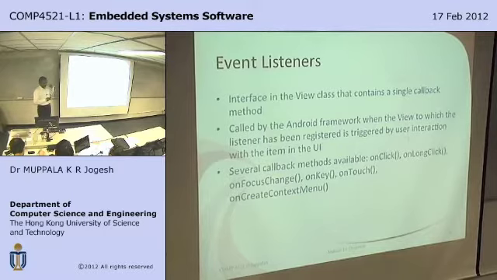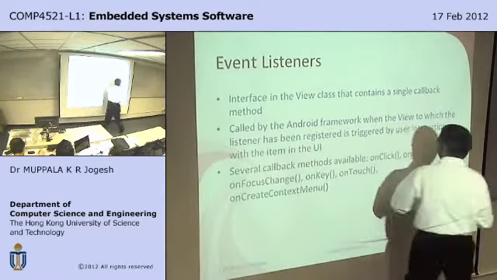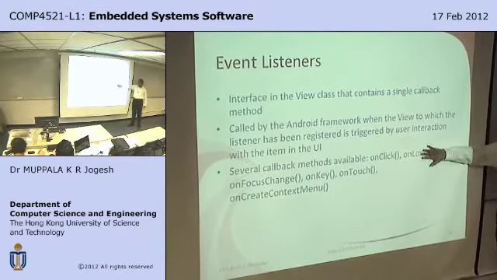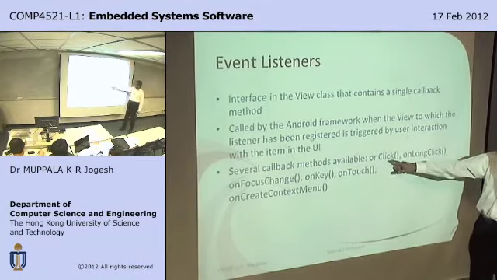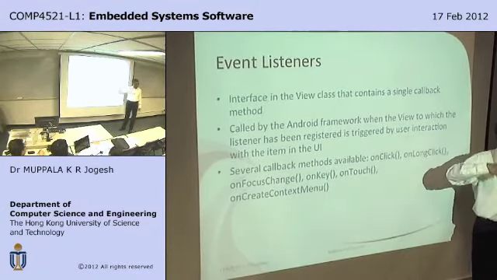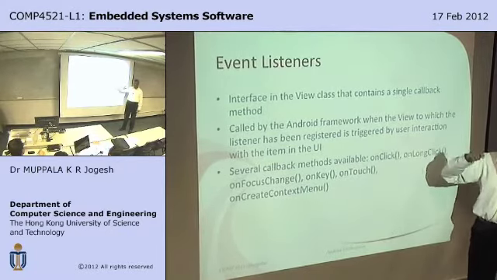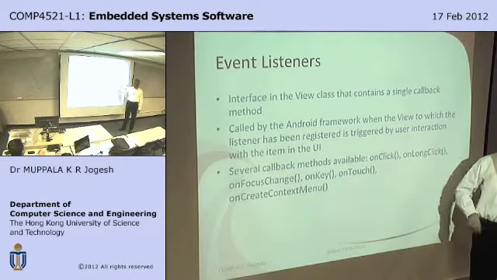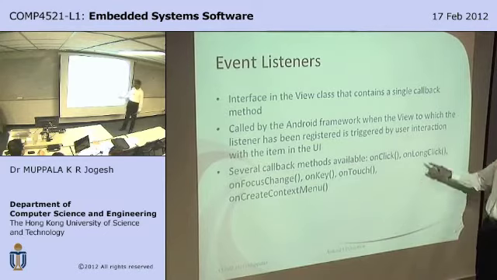Within Android, it provides several different callback methods to handle different kinds of interactions with the user interface. Things like, for example, OnClick. When you click, if it is a physical button, you have to literally click the button. If it is a touch screen, you briefly touch the screen and lift your finger. That will be an OnClick.